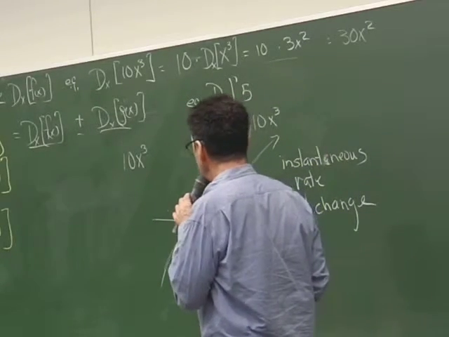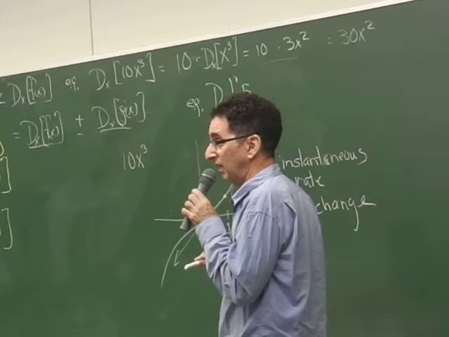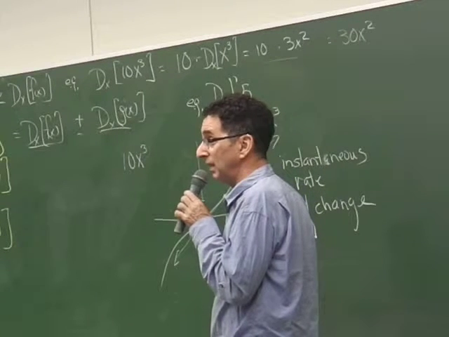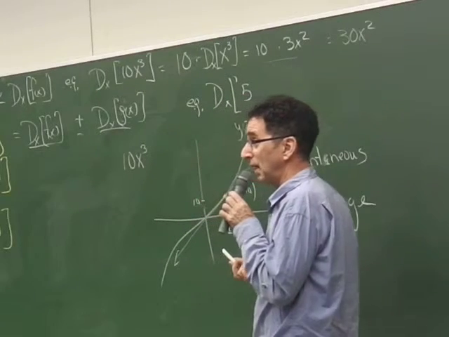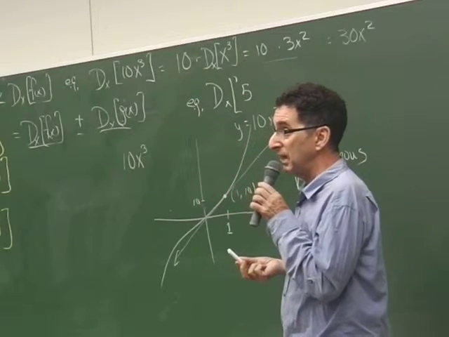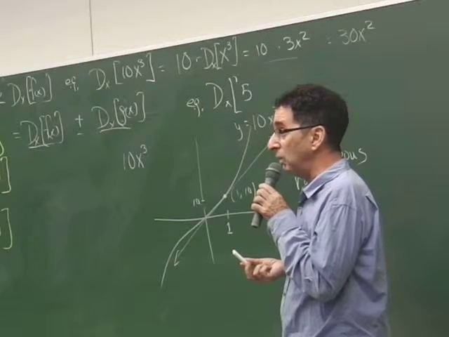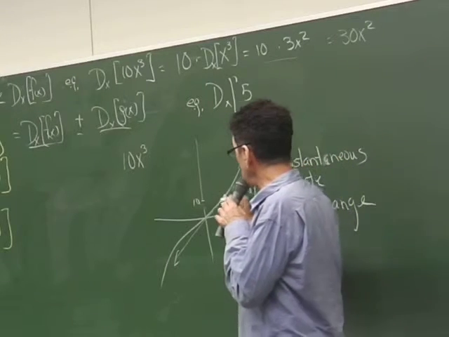If I put 1 into the function, I find out the height of this point, right? But if I put 1 into the derivative, it tells me something else, because I already know the height of the point. So I don't really want to find that out twice. The derivative will tell me the slope of the tangent line, or in other words, the instantaneous rate of change at this point.